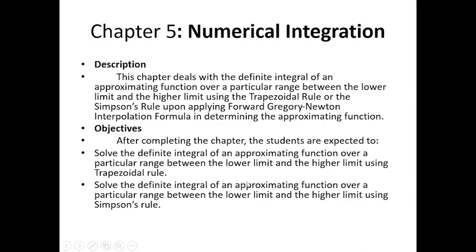So this time we have the trapezoidal rule and Simpson's rule. These are integration techniques also, related to numerical methods. Okay, so let's study each one. We first start with the trapezoidal rule.